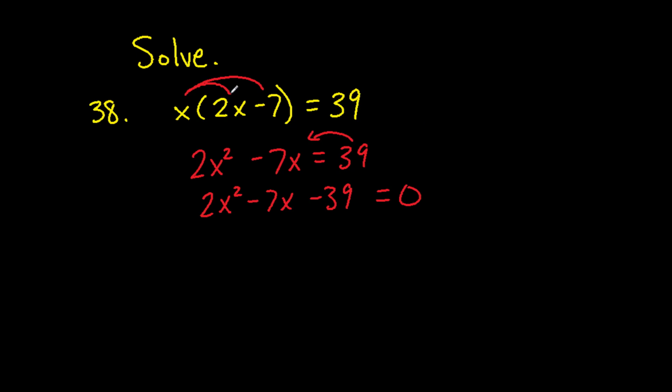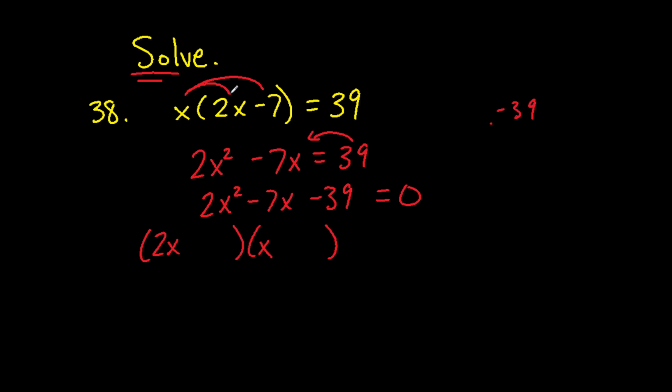At this point, we want to factor it, but the original problem is asking us to solve. So once we get it factored, we will set our factors equal to 0 to solve the problem. We know that 2x times x is 2x squared, and for negative 39, we have a few choices.